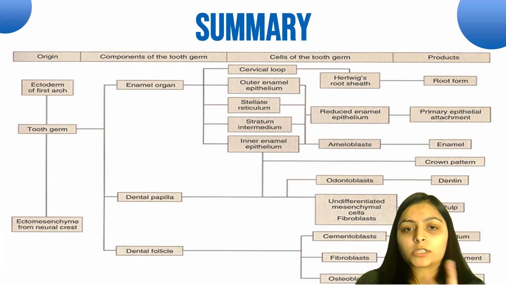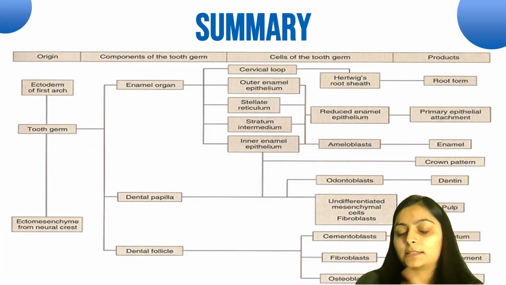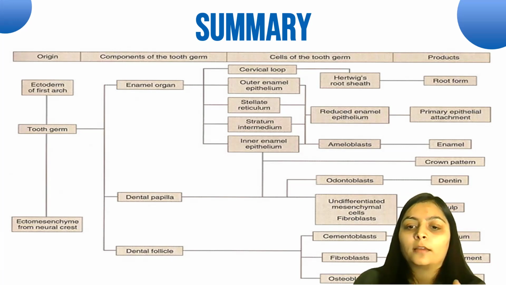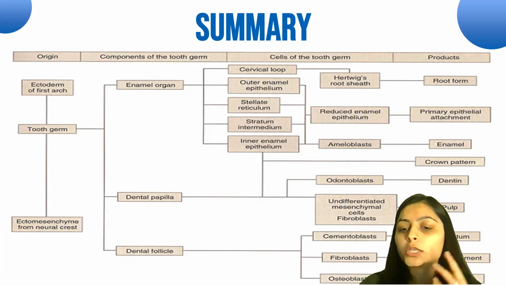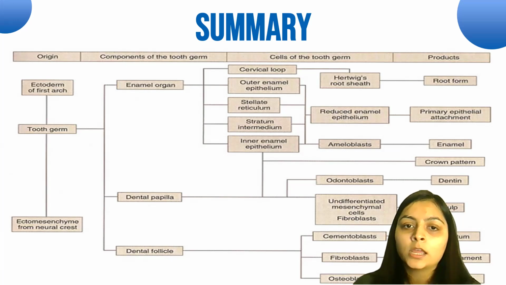The enamel organ gives the cervical loop, outer enamel epithelium, stellate reticulum, stratum intermedium, and inner enamel epithelium. Dental papilla gives undifferentiated mesenchymal cells, fibroblasts, and odontoblasts. And dental follicle gives osteoblasts, fibroblasts, and cementoblasts.